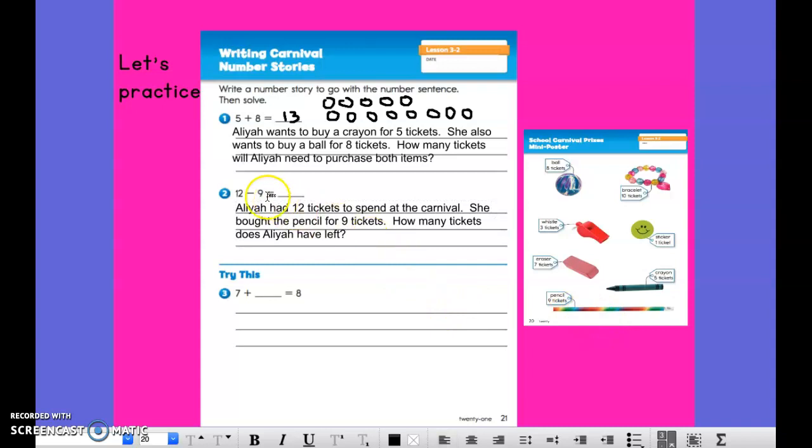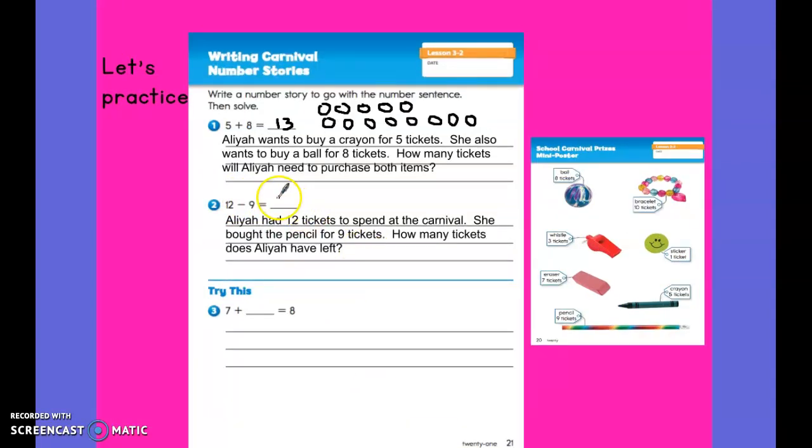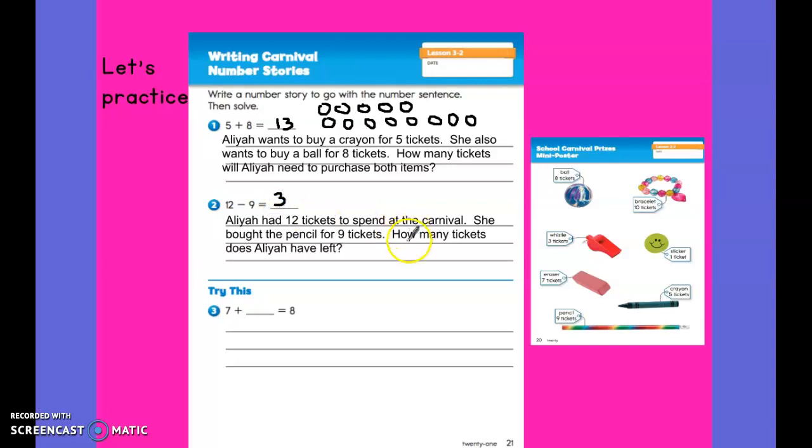So that would tell us that we need to figure out 12, take away 9. And if you were to subtract or draw a picture, your answer would be 3. Okay, so just an example of how we will be working on writing some of our own number sentences this year.